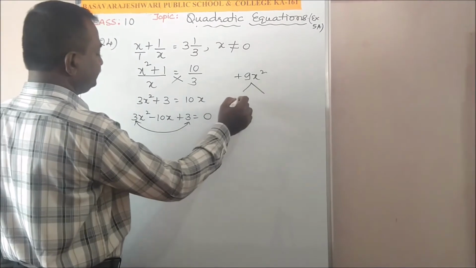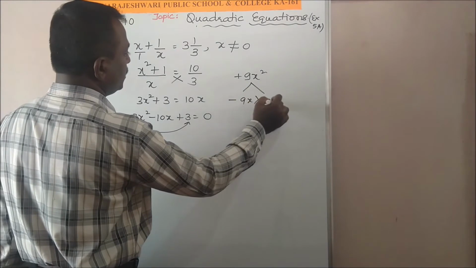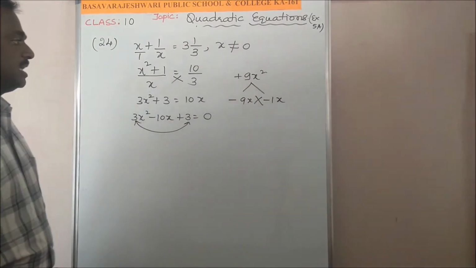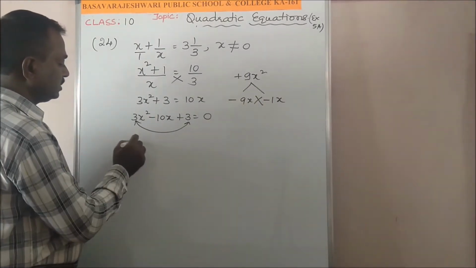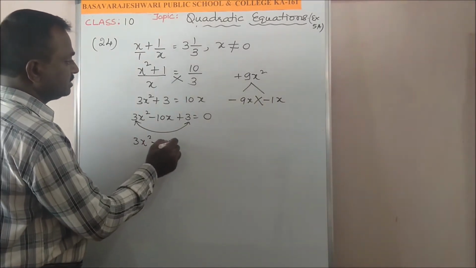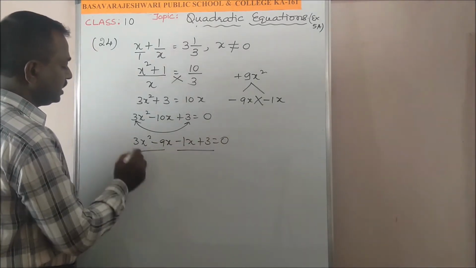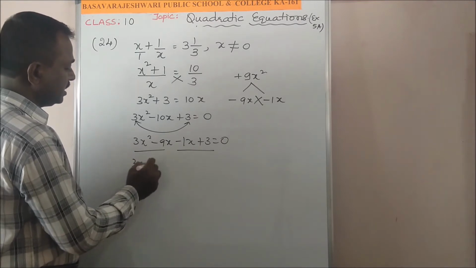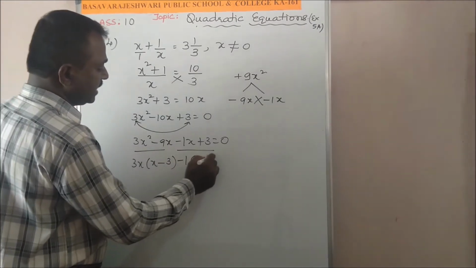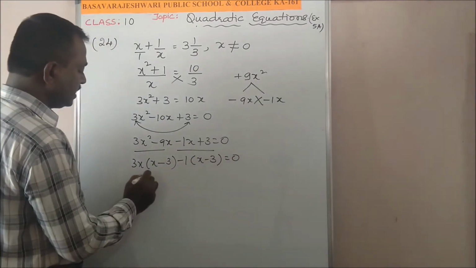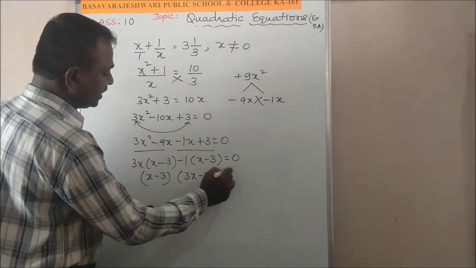So 9 and 1: 9x and 1x. So 3x² − 9x − 1x + 3 = 0. 3x is common, leaving x − 3. −1 is common, leaving x − 3. So x − 3 is one factor and 3x − 1 is another factor, equal to 0.